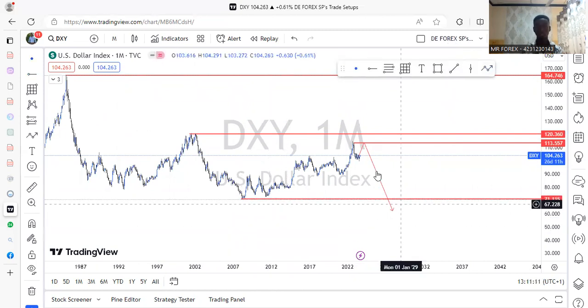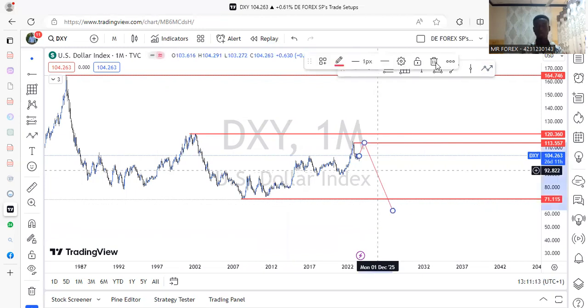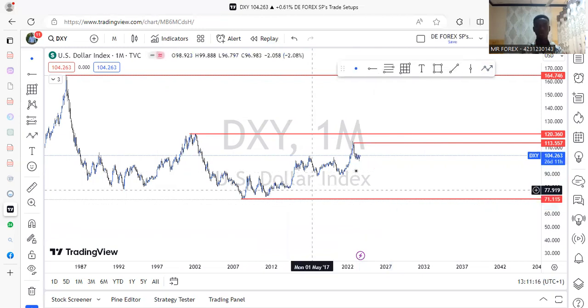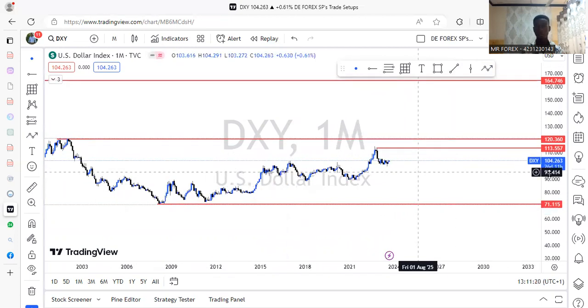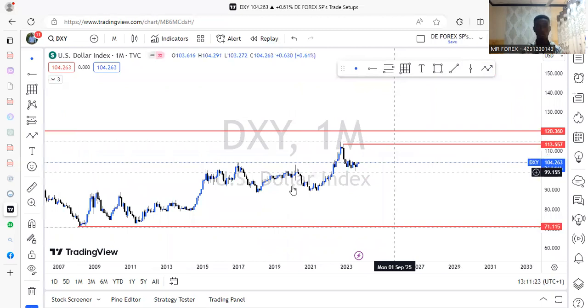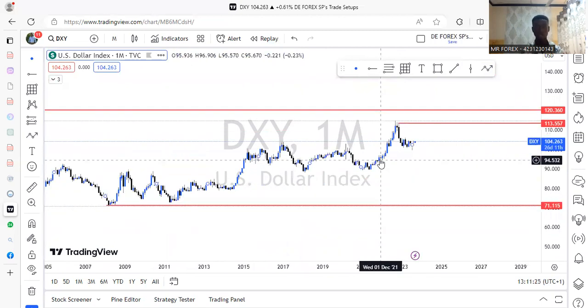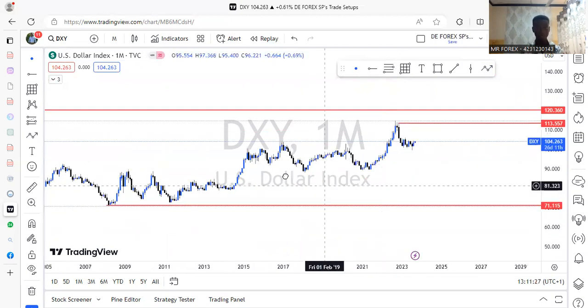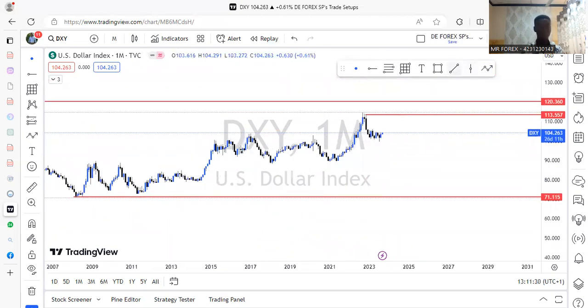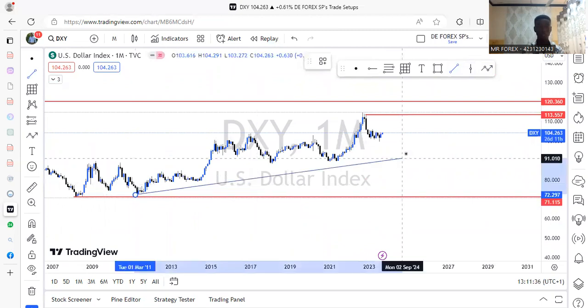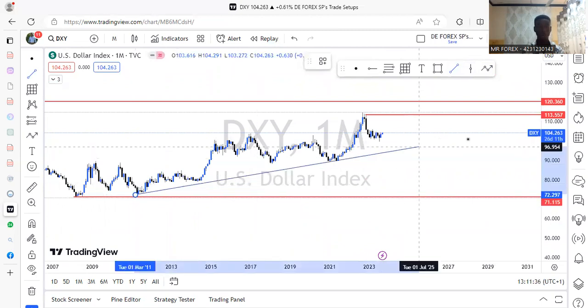So let's zoom in and try to identify other technical tools that will help us go into the direction that we want. But let's look at something here. Looking at the current market trend, even though we are looking for bearish opportunities, we should never disregard the current state the market is trading in.